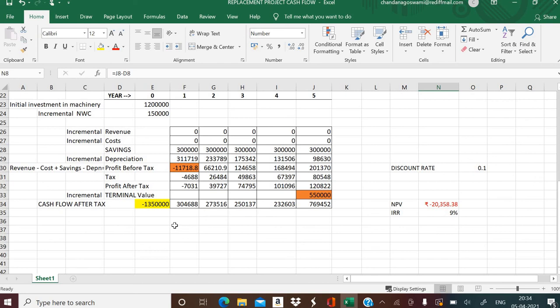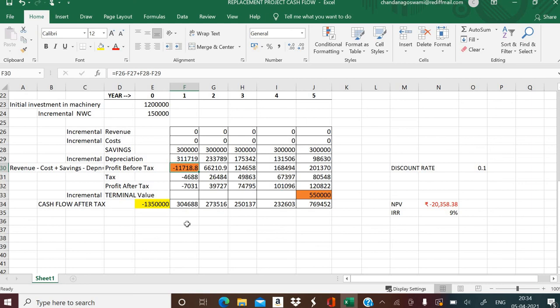Please keep in mind that should you have a negative profit before tax, please continue with the calculation as you do for the positive profit after tax. In practice, of course, we know that when a company is not earning any profits, it will not pay tax. But remember, these are estimates for the future. These are projections.